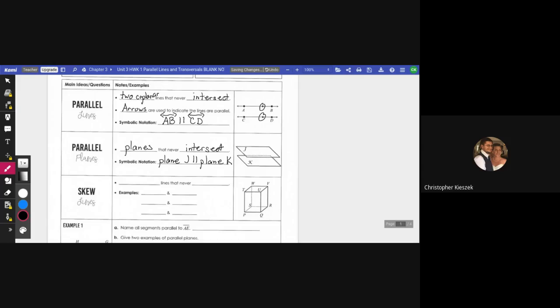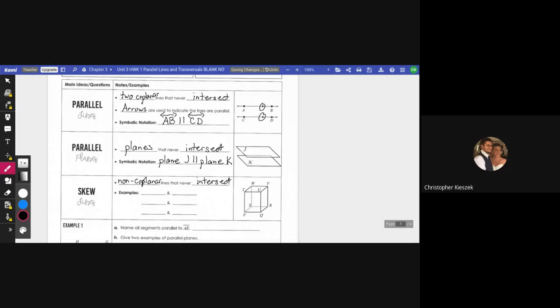Those two things you probably have known already. This next one, maybe not so much. What are skew lines? Well, the key thing here is skew lines are non-coplanar lines that never intersect. And you might be thinking, well, Mr. Kizik, isn't that what parallel lines are?